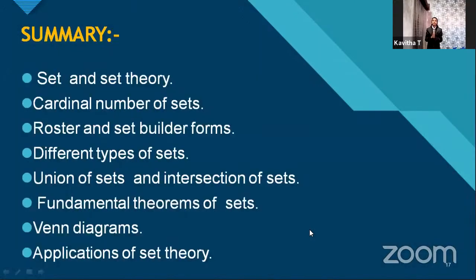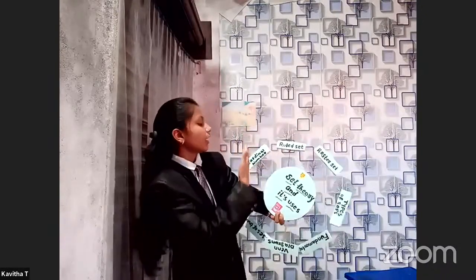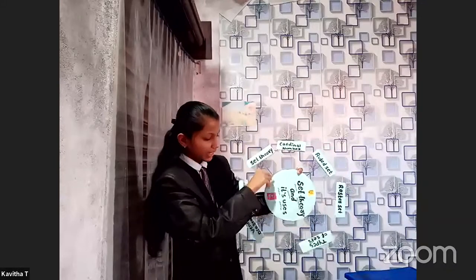Next. Last but not least, now we summarize, which means what we discussed in this session. In this session, we discussed set theory and its uses. What is set theory?